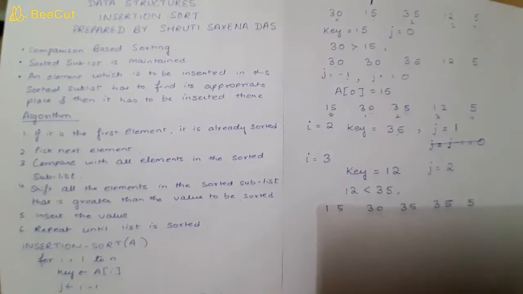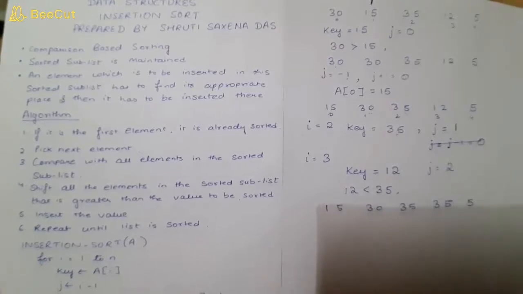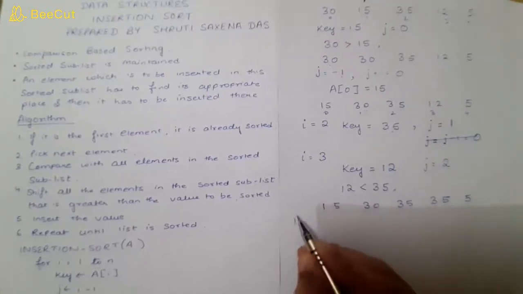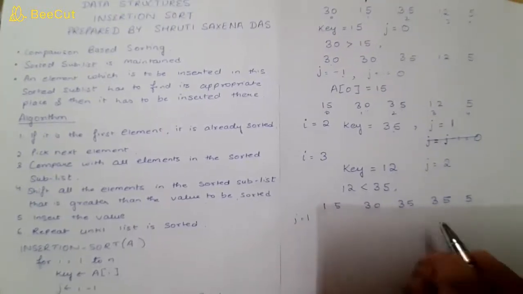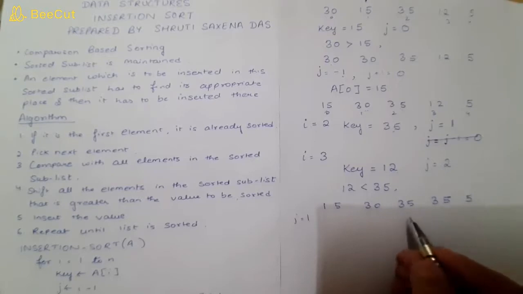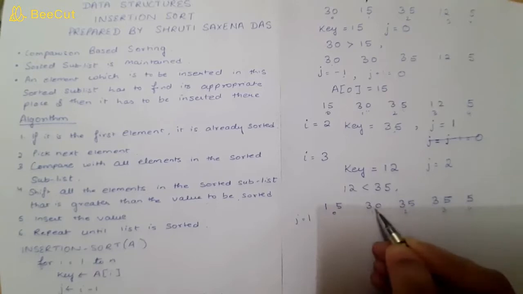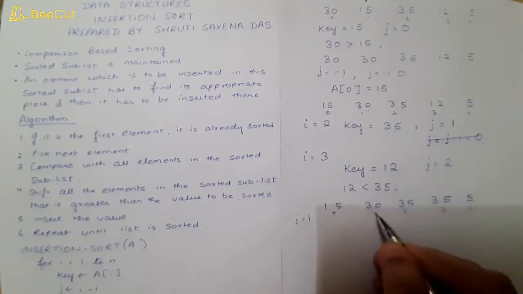Okay. In the same iteration, after replacing the value, we need to decrement the value of j by 1. Now j will become 1. So what you have to do again, j equals 1 means this value. You need to compare the key with a of j. Now when you compare 12 with 30, again 12 is smaller than 30.